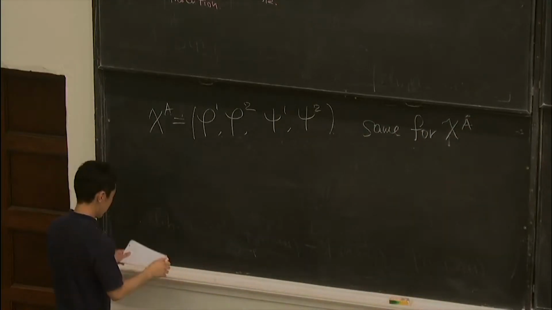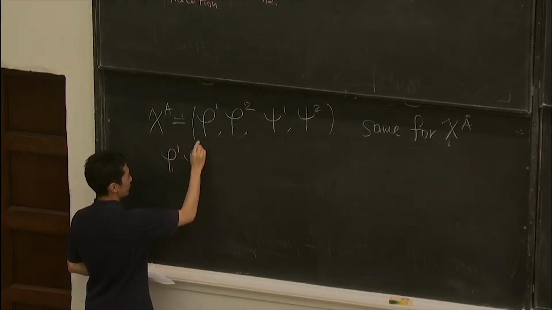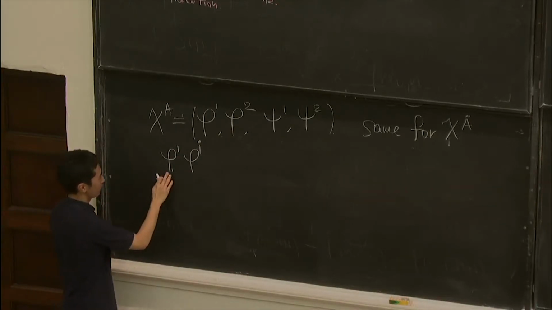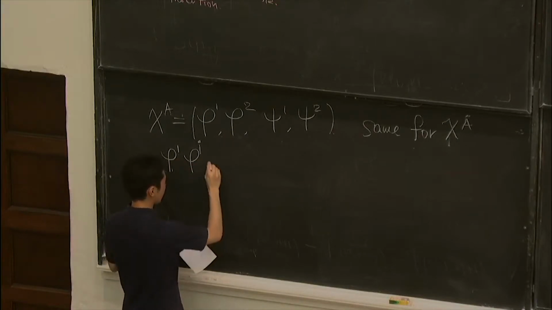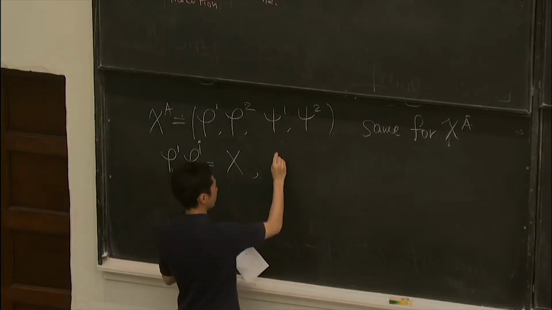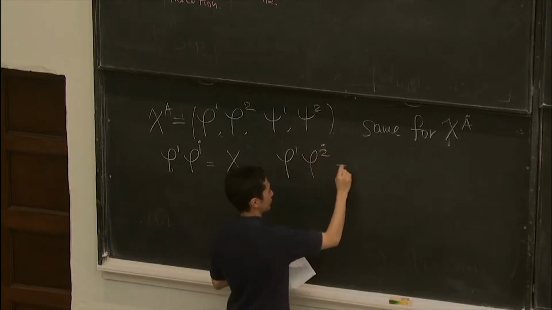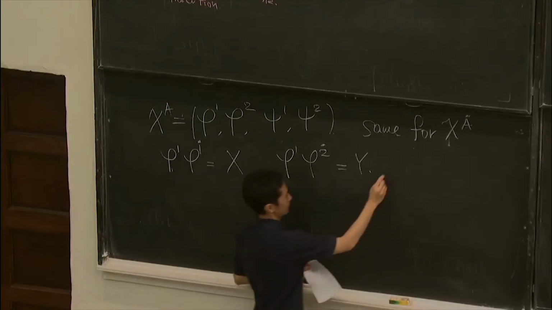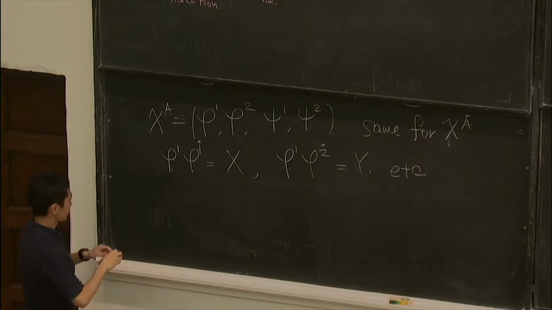In this notation, let me write down what each field corresponds to. First of all, you can, for example, take a combination like phi1 phi1 dot, both of which are bosonic indices, and that corresponds to some scalars, for example, some other complex scalars x. And if you take phi1, phi2 dot, you get y. So these are the relations between the N=4 fields and this notation.